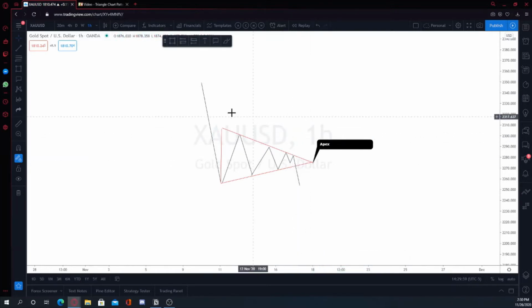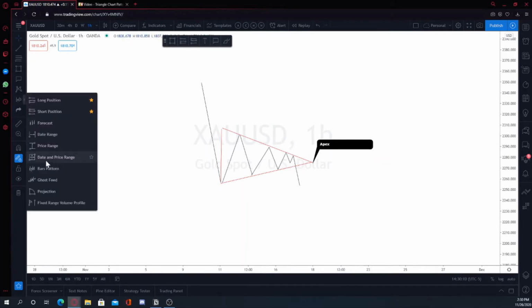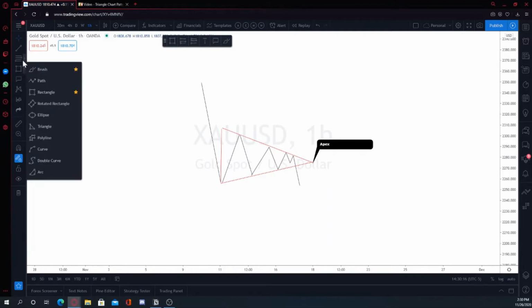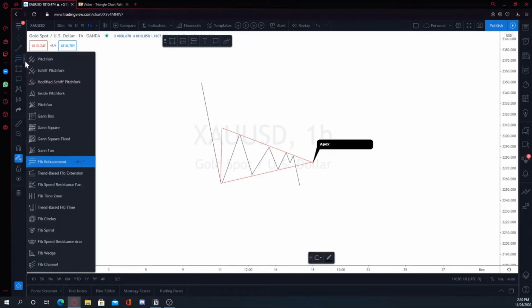The solution to that is knowing when price is most likely going to break out of this triangle. Some really smart people, not me, did a lot of calculations and found an average of when price is most likely going to break out of this pattern.